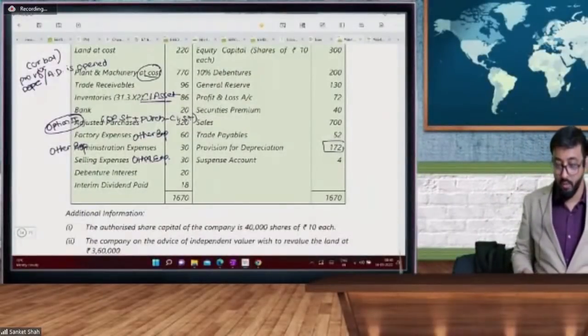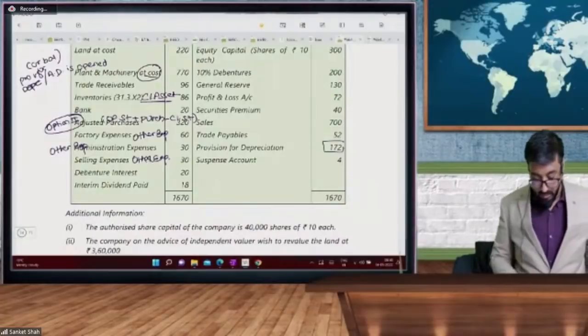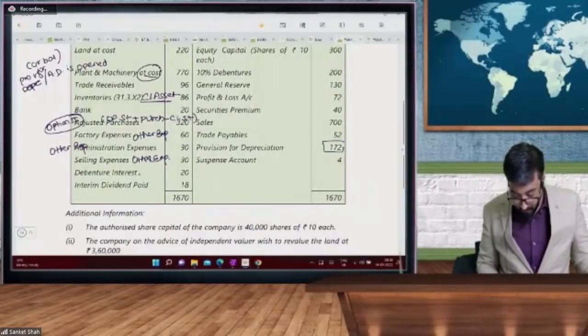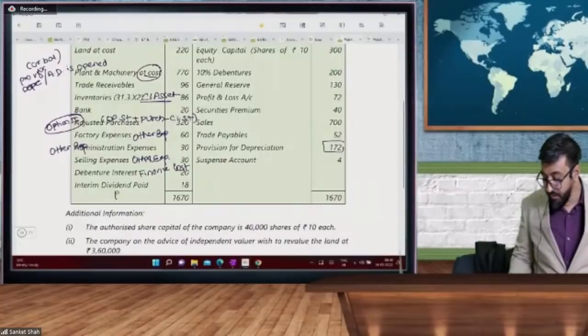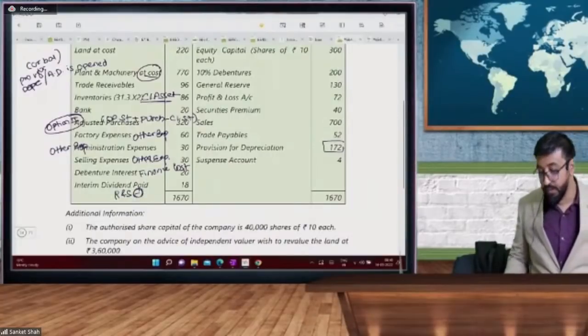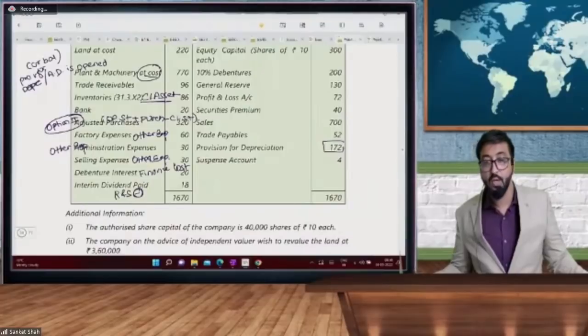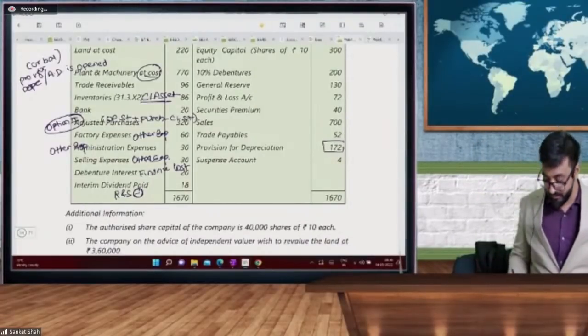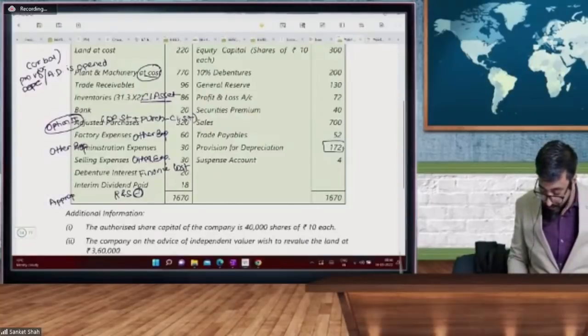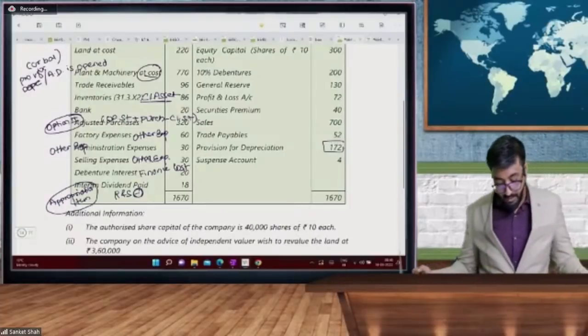Debenture interest, finance cost, and interim dividend paid is deducted. So this is an appropriation item. So interim dividend paid is deducted from reserves and surplus. This is an appropriation item.